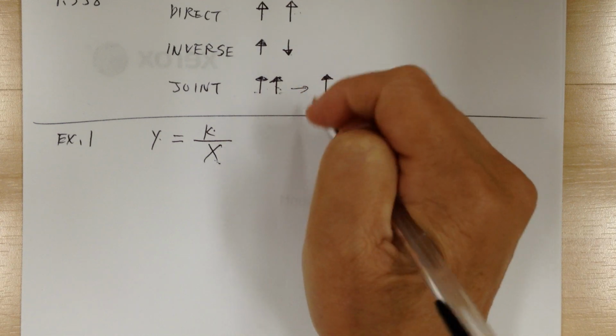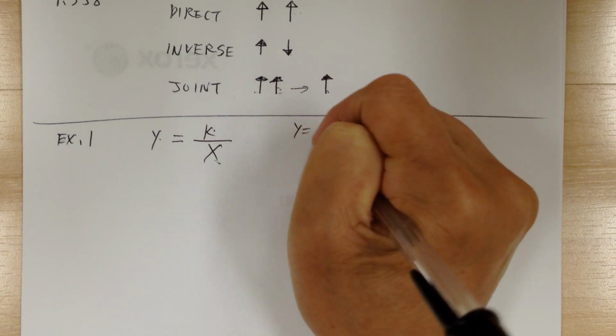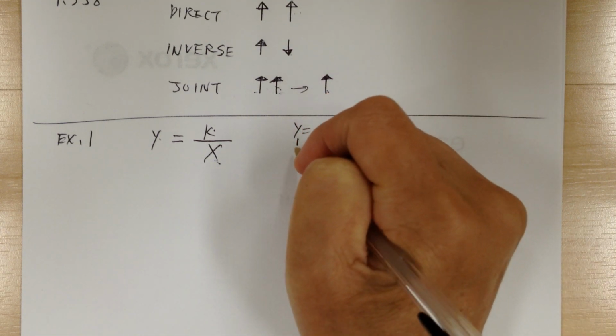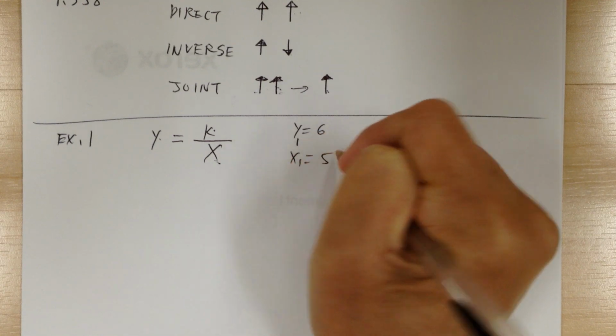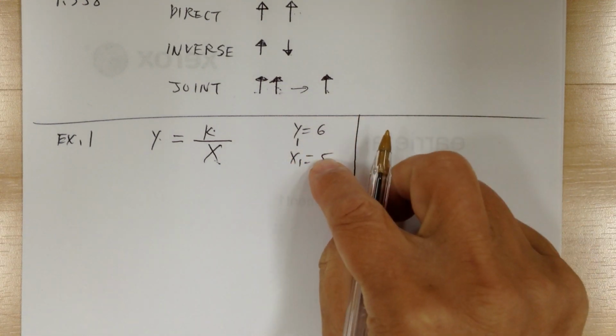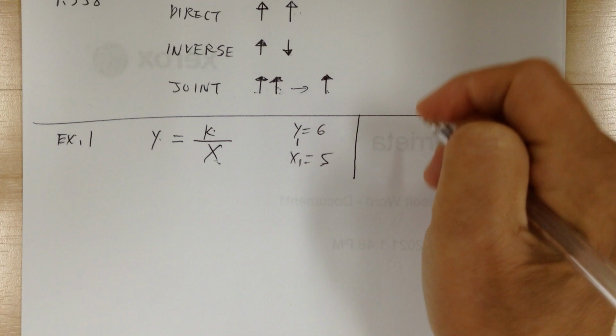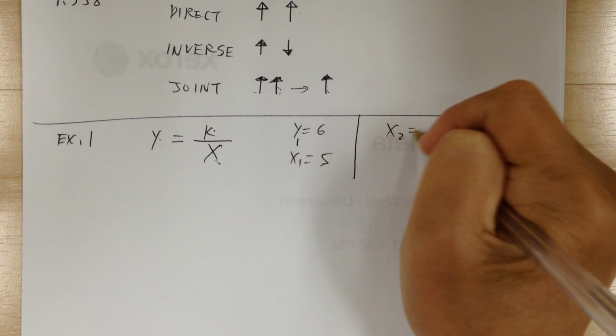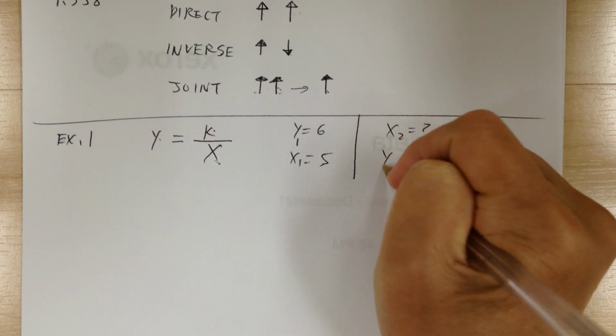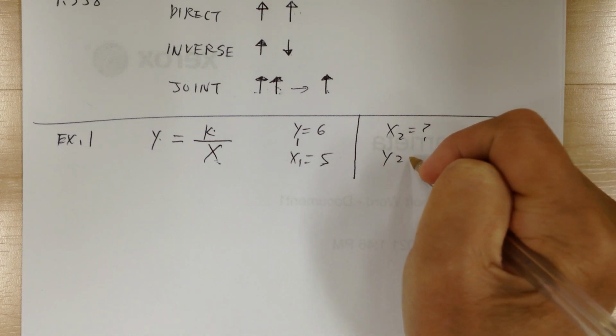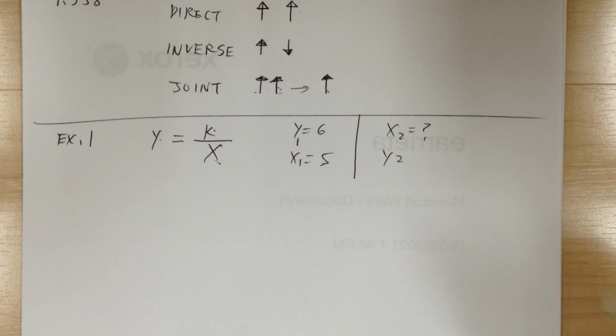Again, same situation, and y equal to 6, so that's your y1, when x equal to 5. That's your case 1. You're looking for x when y is equal to 12.